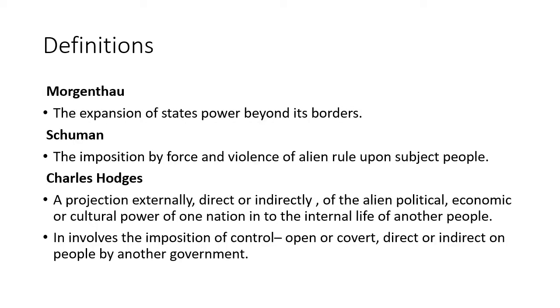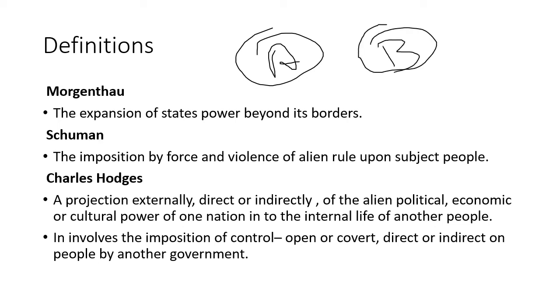Morgenthau says that imperialism is the expansion of a state's power beyond its borders. That is, if state A expands its power to control another state, state B, that's called imperialism.